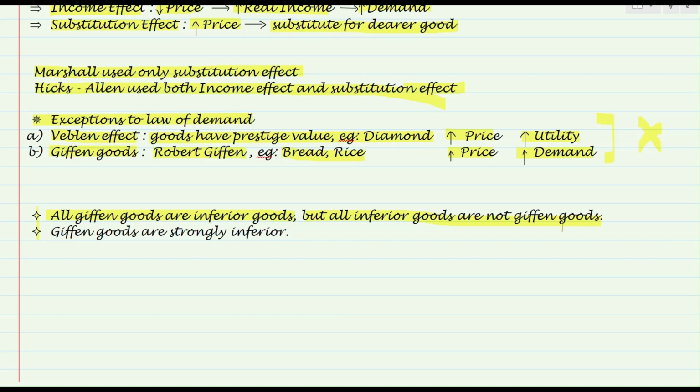Let us understand it like this. When your income rises, you buy less of a particular commodity, so that commodity is regarded as an inferior good. So all Giffen goods are inferior goods, but all inferior goods are not Giffen goods. And second point, Giffen goods are strongly inferior.